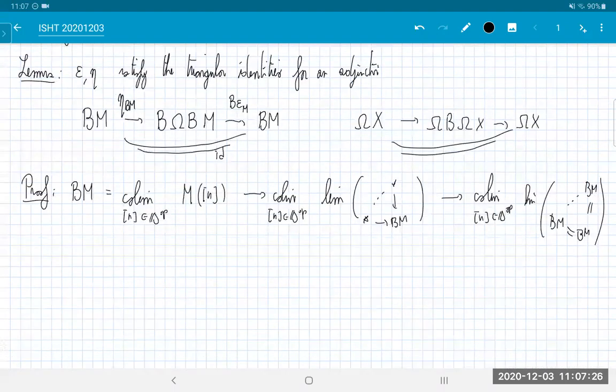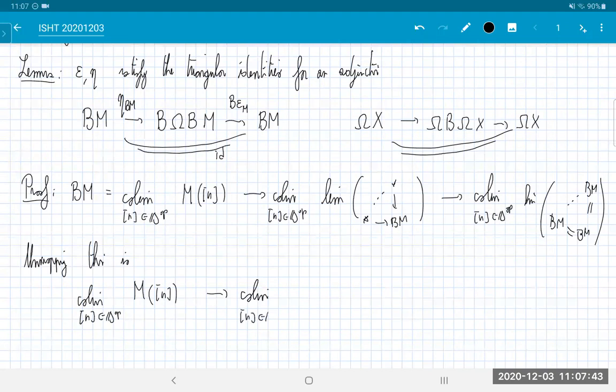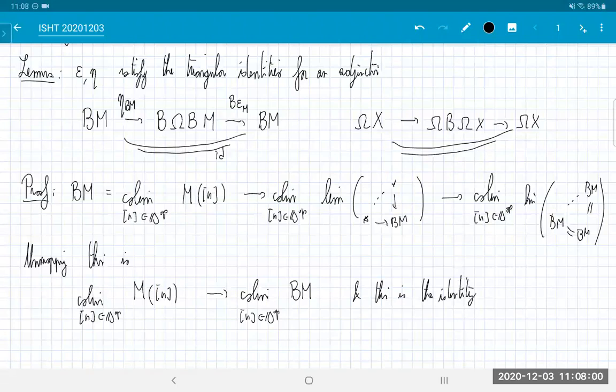When you unwrap this, this is just the colimit of delta up of m of n to the colimit of delta up to Bm, where this is just a colimit of the inclusions of mn into the colimit. And this is the identity by definition.